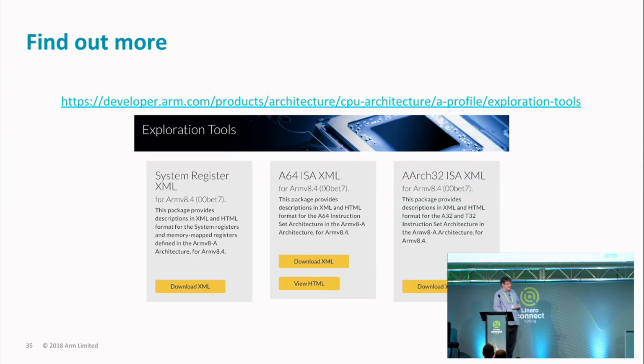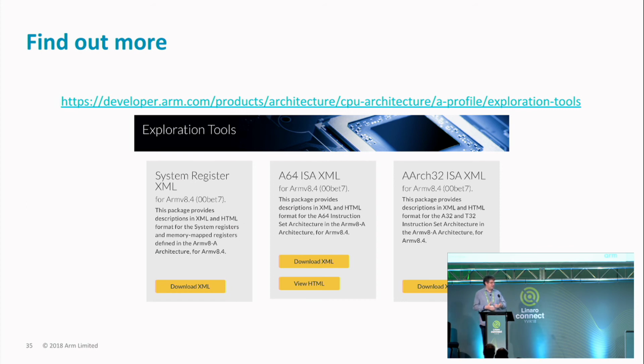And what I am pleased to announce is that this screenshot is out of date. If you want to look at the instructions and the system registers we've added, you can go onto our developer website today and download these. I'm really pleased with this.